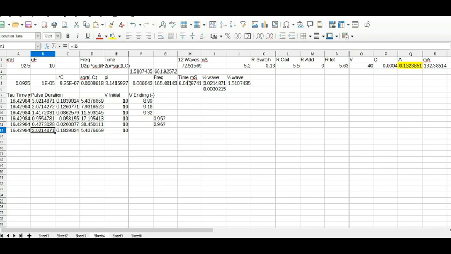You could use this value, or this value, but I'll fix that going forward. And then this is the ratio of the pulse duration divided by the tau time.